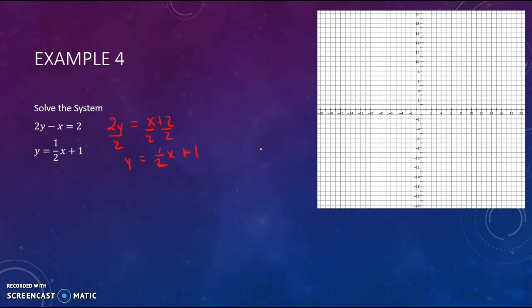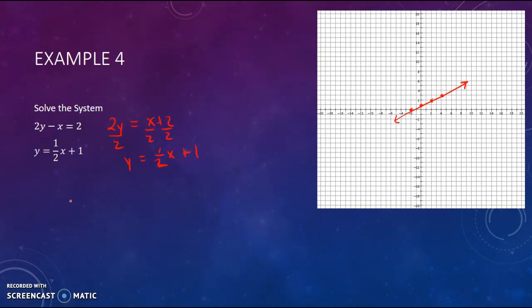Now when you look at these, I'm still going to graph this, but they both have the same slope and they both have the same y-intercept. So when I graph, I go up 1 and over 2, and down 1 and left 2. If I were to graph my next one, it's going to be the exact same line.